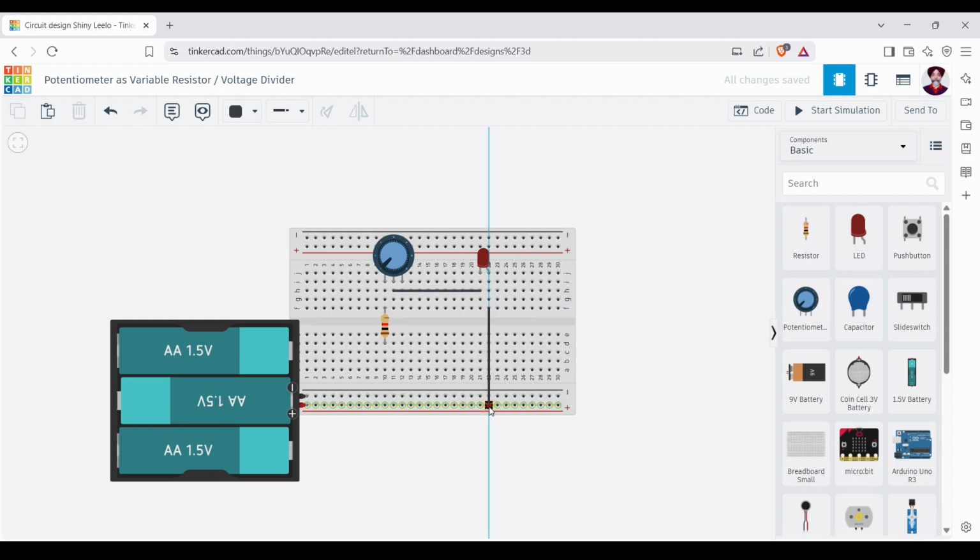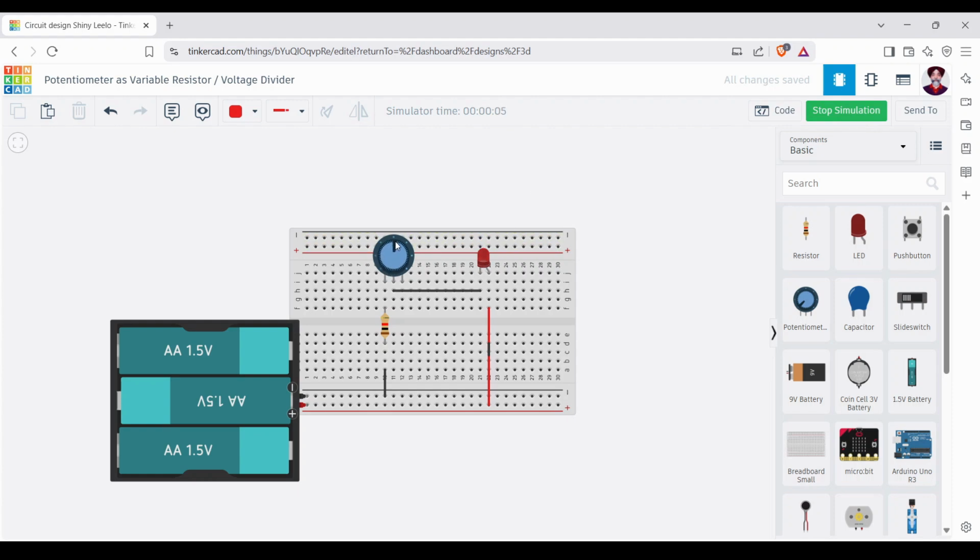This to the positive, this to the negative. Positive, I'll just change the color of this to red. Alright, now let us start the simulation and you can see that the thing is glowing.